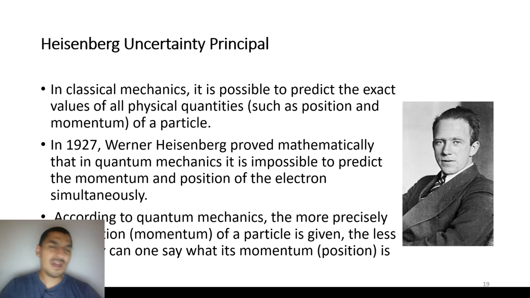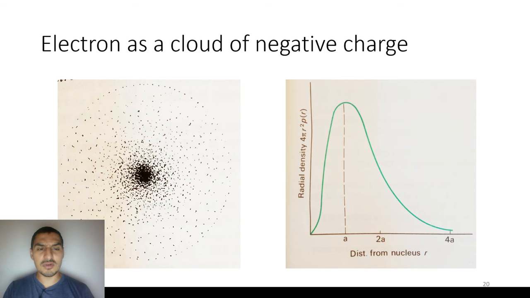Sometimes people talk about this as a philosophical principle, because it's not something that people would really worry about, knowing exactly where the electron is at this time. Electrons are moving, and it might not be of interest to a lot of people, but it is a principle that I think was proven to be right.